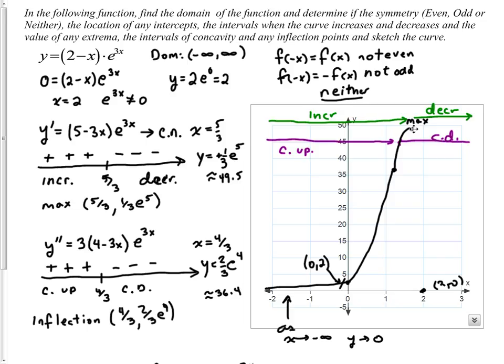Finally, after the maximum, it'll start decreasing, going concave downward, and it's going to come right down and pass through this point at 2, 0. So it's a reasonable approximation of what this graph should look like right here with our point of inflection, our maximum, and our x and y intercepts along with the horizontal asymptote to the left at y equals 0.